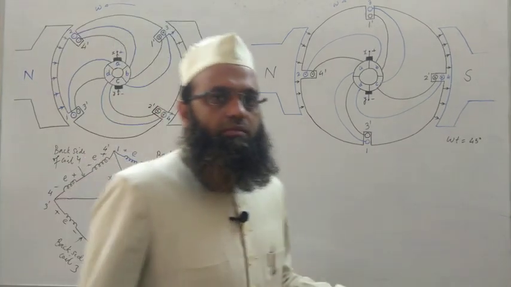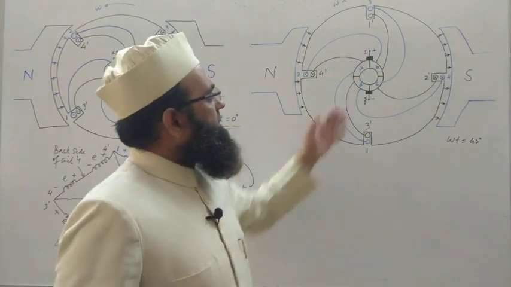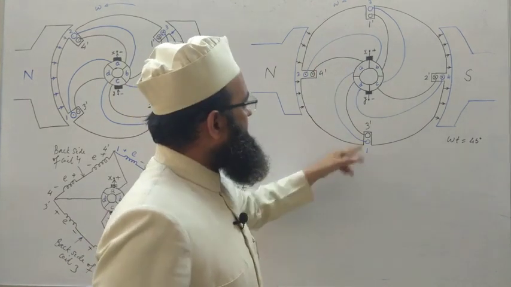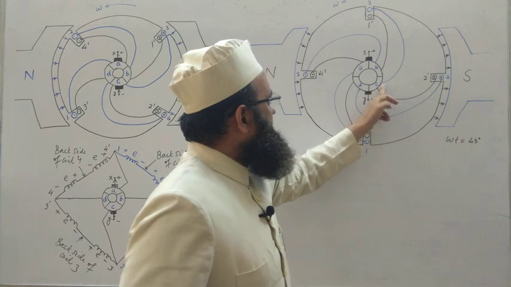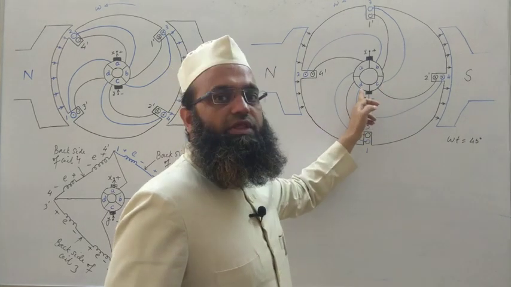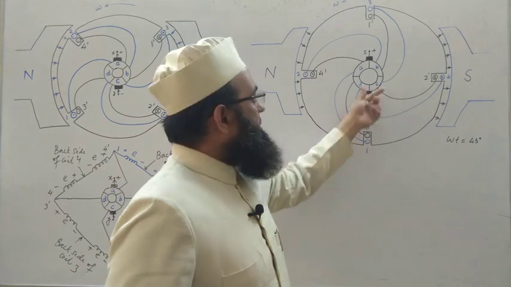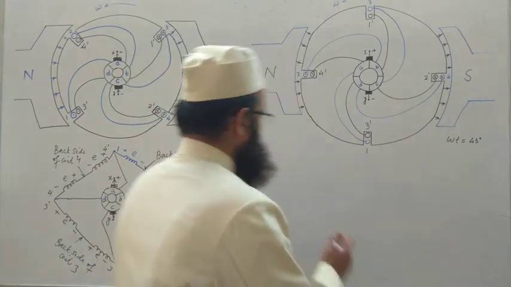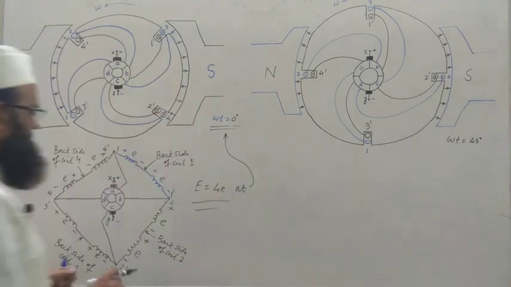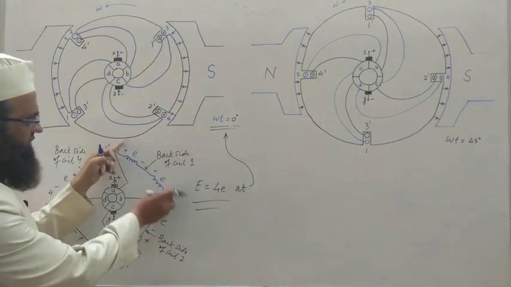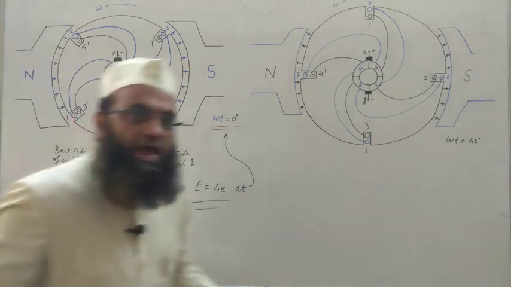Because no problem, at this moment the two ends of coil 1 as well as coil 3 are shorted. 3 is connected with C and 3 dash is connected with D, and these two segments are being shorted with the help of this brush. See, if this is plus, this is minus, if you short one with one dash, a short circuit would happen.